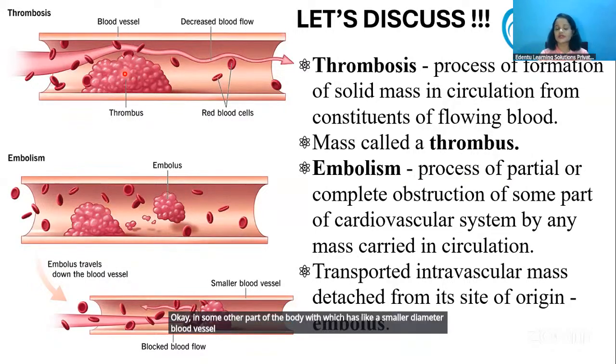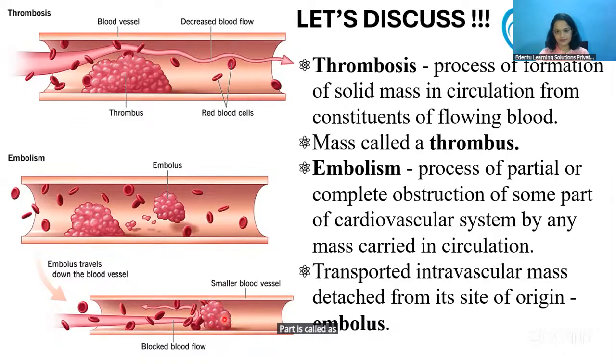So that will create a blockade in that part of the body. That condition is called embolism, and this transported part is called the embolus. I think I have made myself clear. So this is the thrombus and this is the embolus.